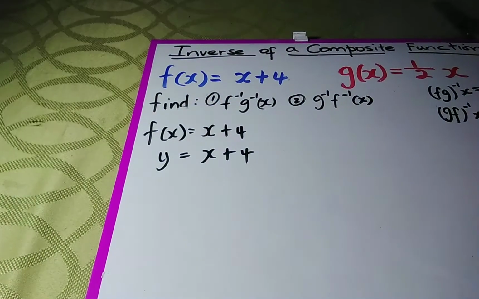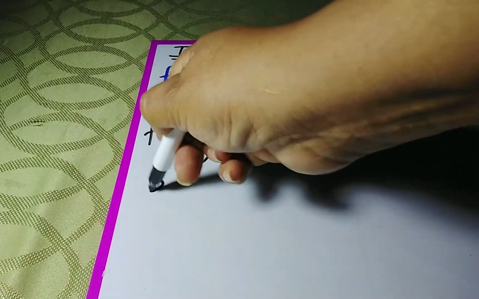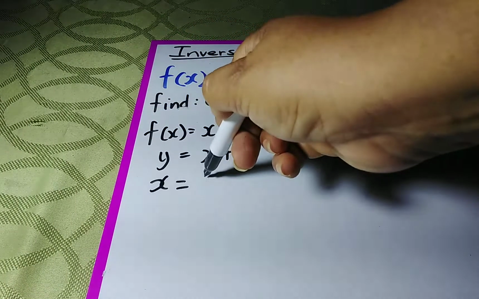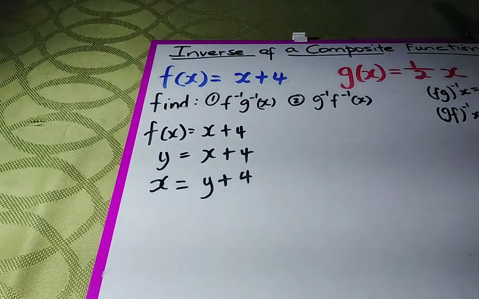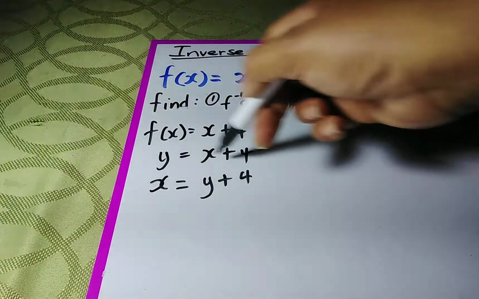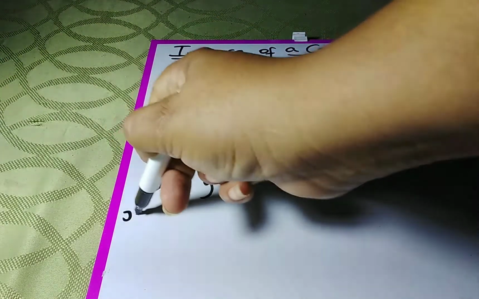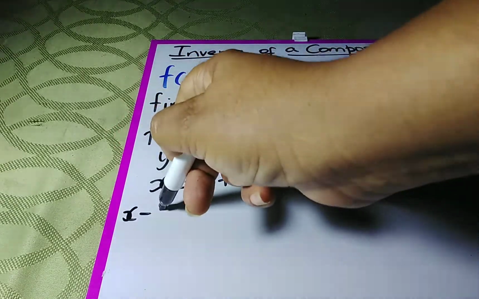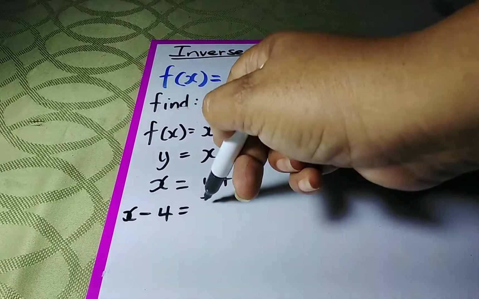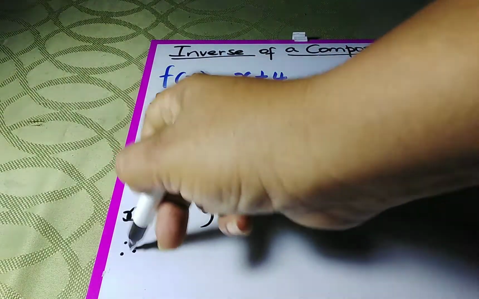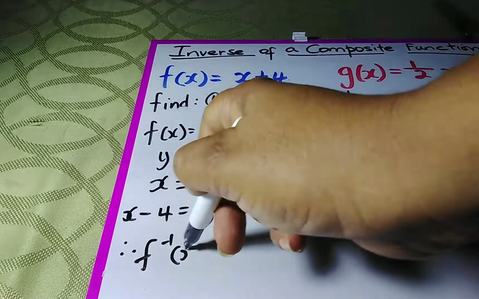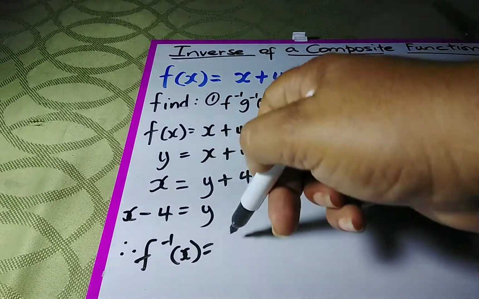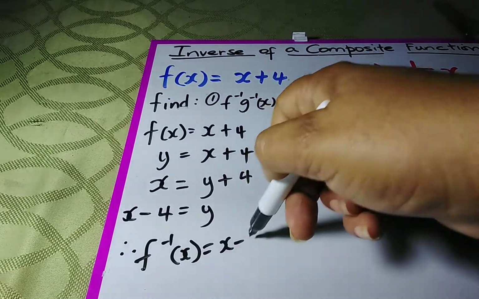Then we interchange x and y, so it becomes x equals y plus 4. Then we solve for y. We carry plus 4 over the equal sign and it becomes minus. Opposite operations, and x minus 4 equals y. And therefore, f inverse of x is equal to x minus 4.